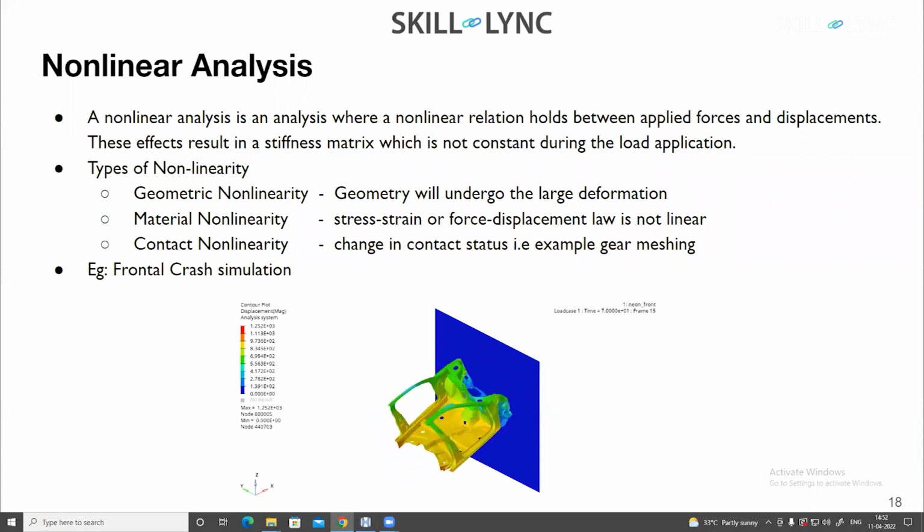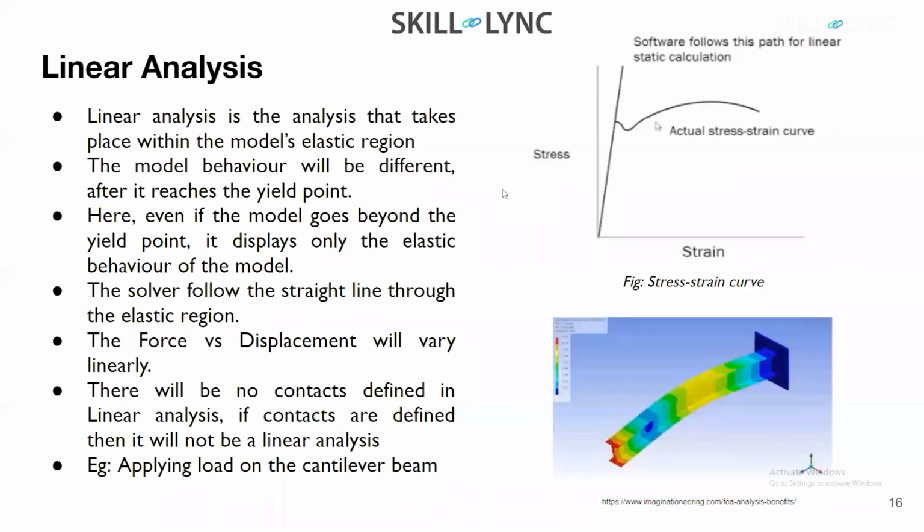Similarly, I can also take examples of linear analysis, where there is no contact between two different bodies. I'm only having a static load which is not dependent on time, and I'm trying to get the results out of that.